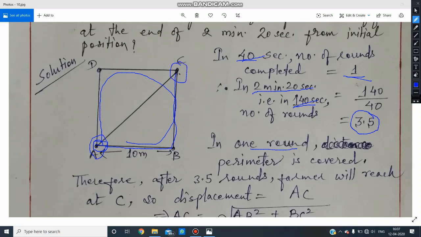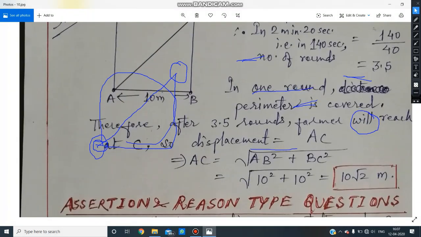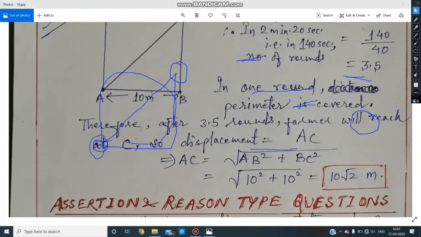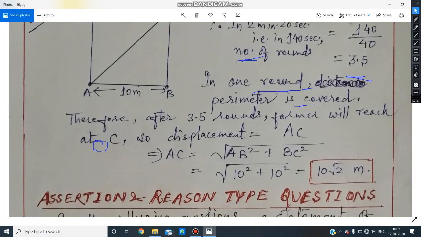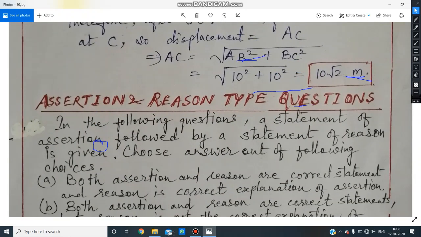So if we have to calculate displacement, we have to simply calculate the length of AC. Now applying Pythagoras theorem over the triangle A, B and C, we can calculate the value of AC, and that has been described in the forthcoming explanation which you can follow. Let's focus on that. The calculation is a simple one, you can easily follow.